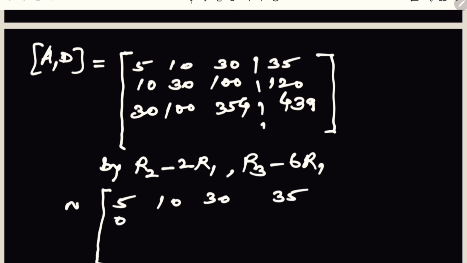Changes in the second row by R2 minus 2R1: 10 minus 10 we get 0, then 30 minus 20 we get 10, 100 minus 60 we get 40, then 120 minus 70 we get 50. And for the third row, 30 minus 30 we get 0, 100 minus 60 we get 40.